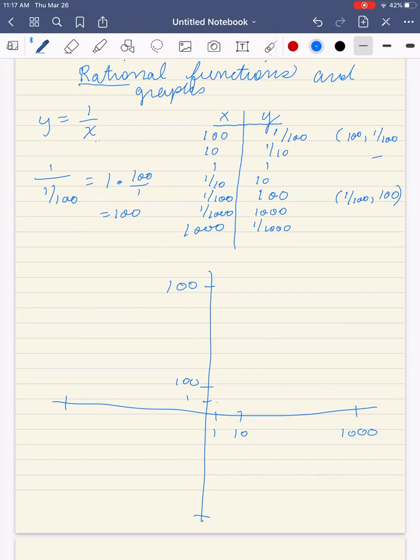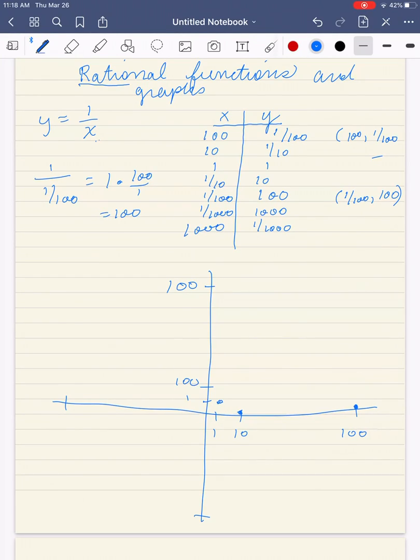So we have 1, 1, and then when x is 10, y is 1/10, and when x is 100, y is 1 over 100. I can't really plot that, but I'm just getting closer and closer to the axis.